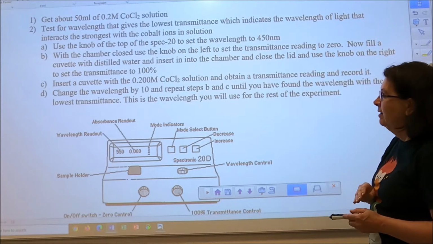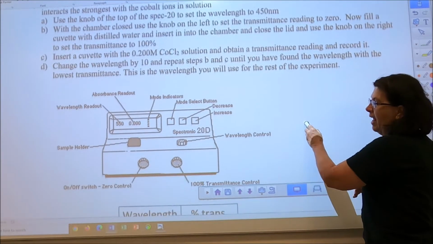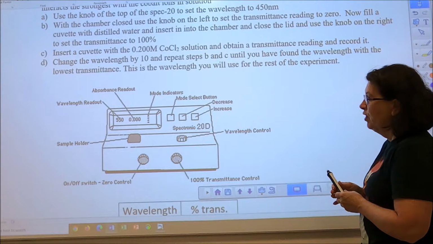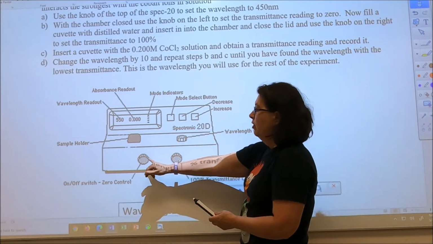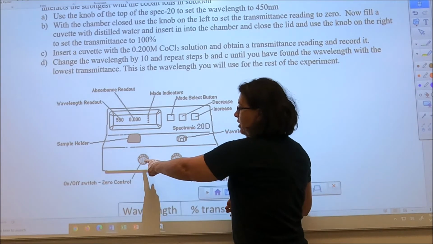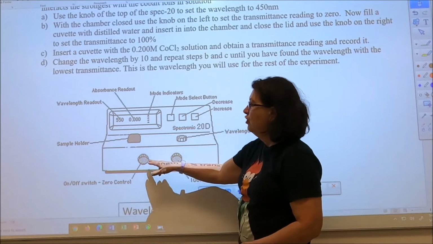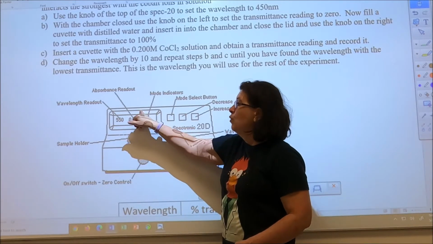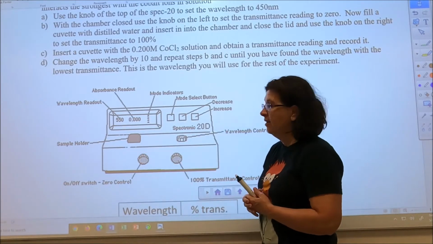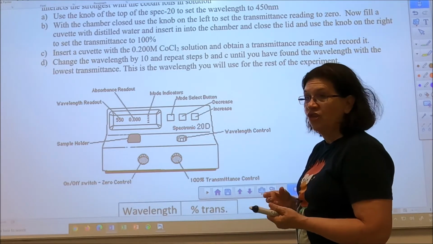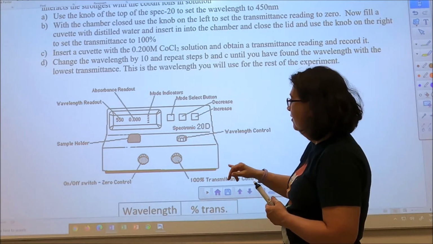wavelengths and transmittance. Now, here's a diagram of a spectrophotometer. The knob on the left we use to turn it on and to set the 0 point when nothing is in the chamber, 0 transmittance.